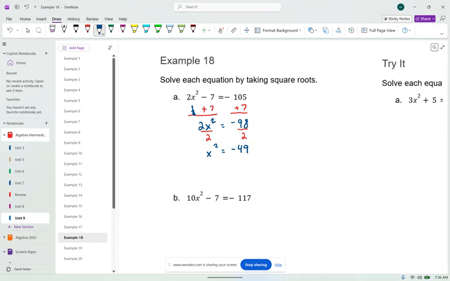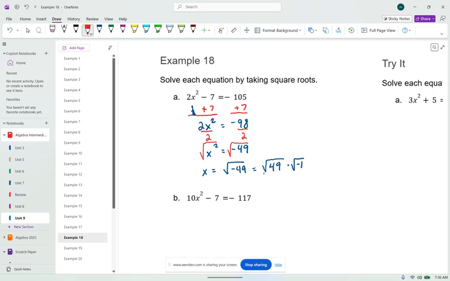Okay, and then to get rid of that squared, we're going to take the square root. And I end up with x equals the square root of negative 49. So I can't take the square root of a negative number. However, I can break up negative 49 into the square root of 49 times the square root of negative 1.